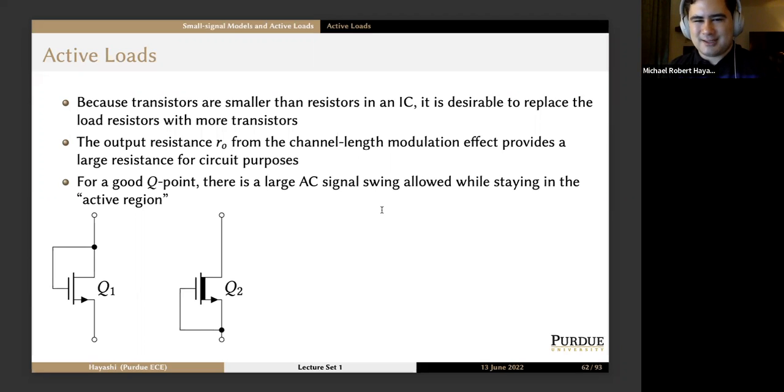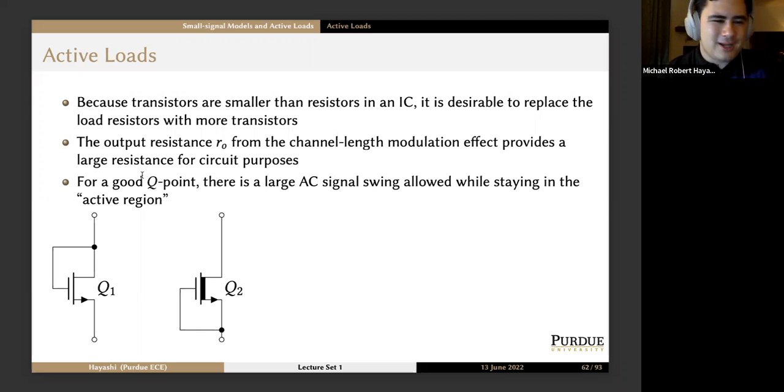That says you get a large AC signal swing, because you can swing the input very large over a large interval, but have a very small interval of change for the drain current, and hence the drain to source voltage of your output.